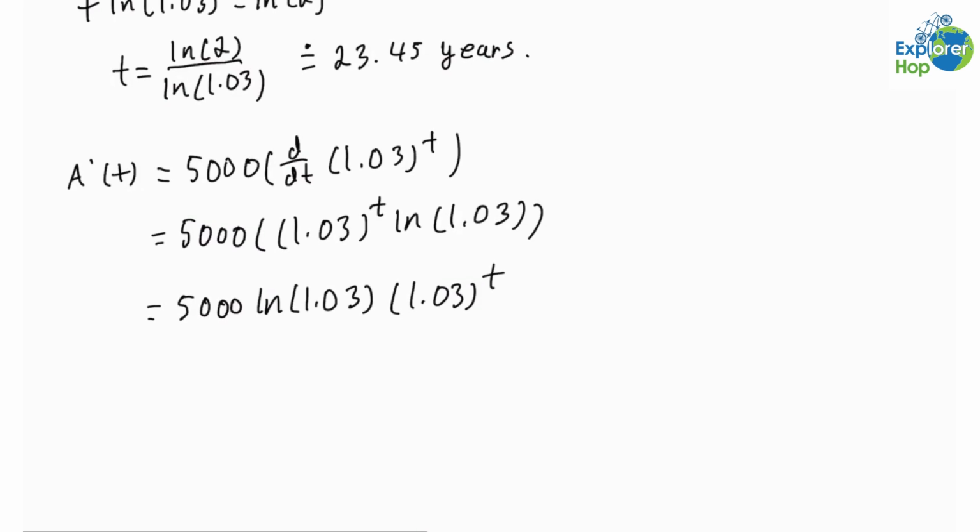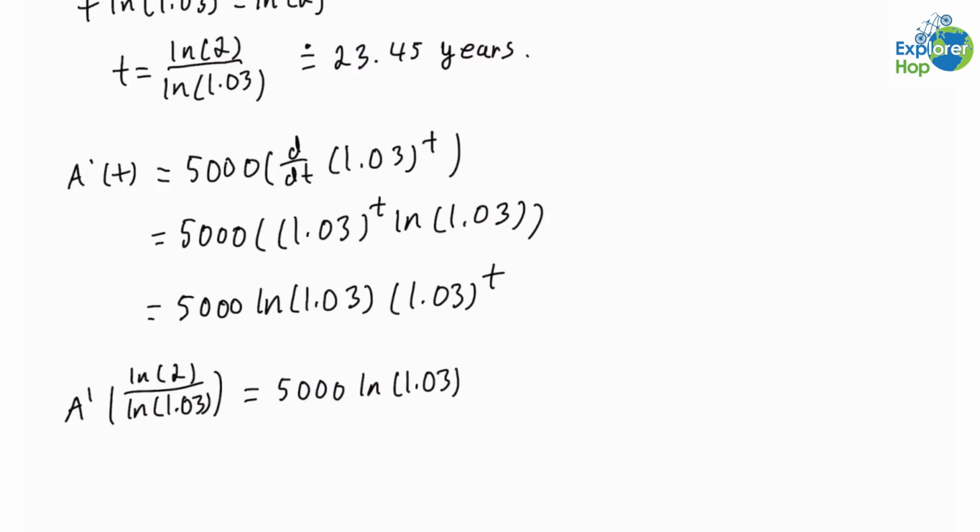So the derivative of A when t equals ln of 2 over ln of 1.03 is equal to 5,000 times ln of 1.03 times 1.03 to the power of ln of 2 over ln of 1.03.